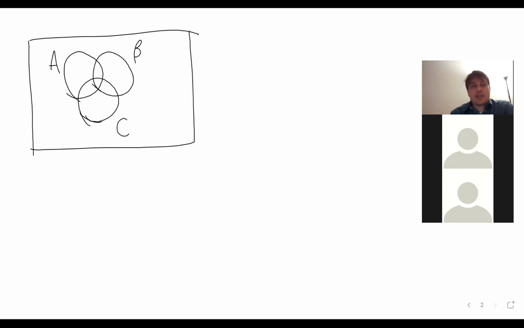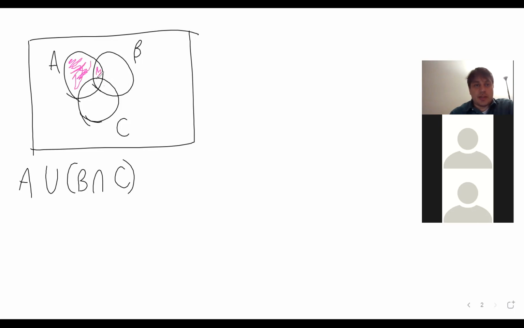So if you have A union B intersection C, I'm going to denote this with the pink here. So A or B intersection C. This is A, but not just that.